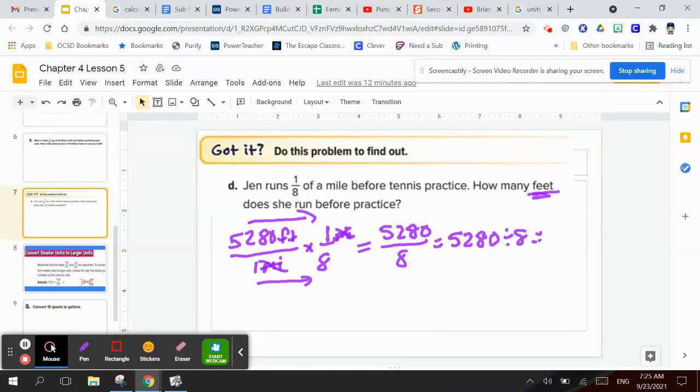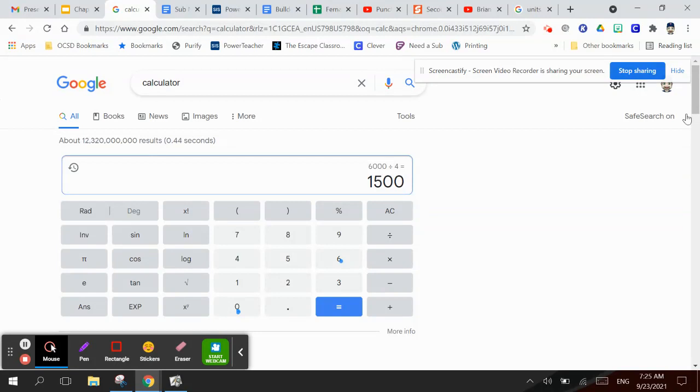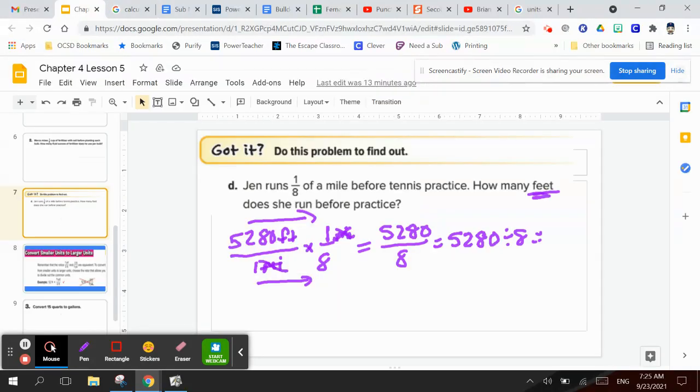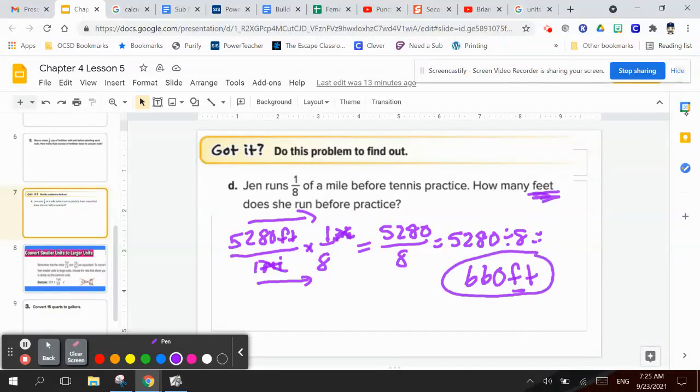So I go back to my calculator. 5,280 divided by 8 equals 660 feet. And again, my label's feet because I'm looking for feet.